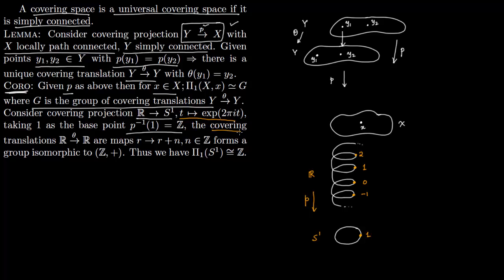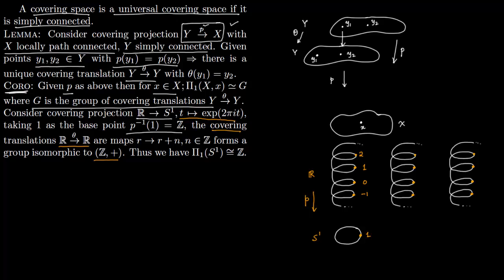Now we want to talk about the covering translations. Covering translations are from real numbers to real numbers, and the maps are: you take a real number and add an integer to it. This will form a group isomorphic to the integers under addition. Let us now draw this. You could have a covering translation from here to here, which is again the real numbers.